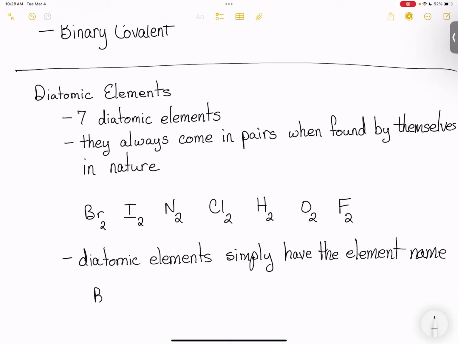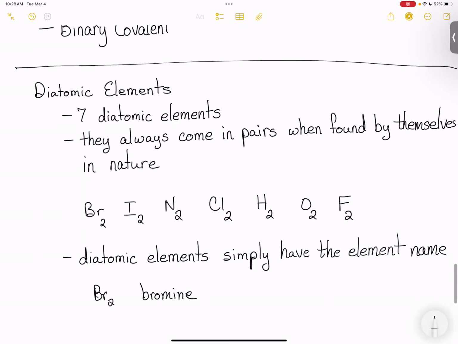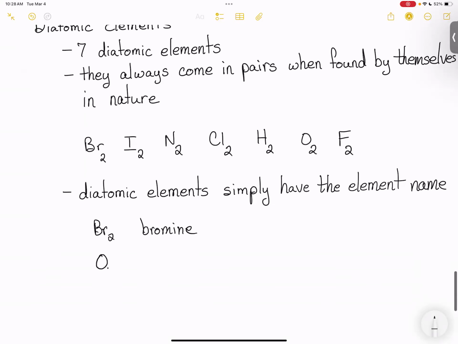So Br2 is bromine, O2 is oxygen, and so on and so forth.